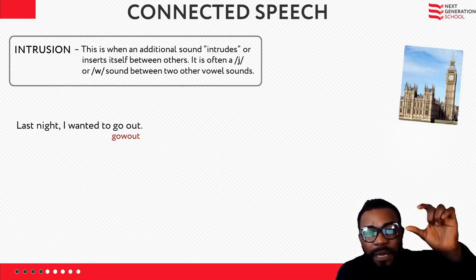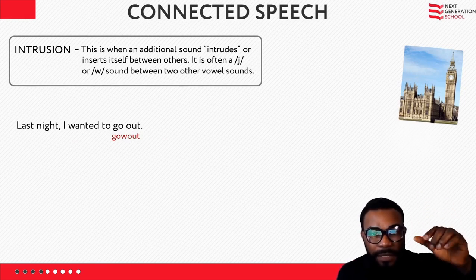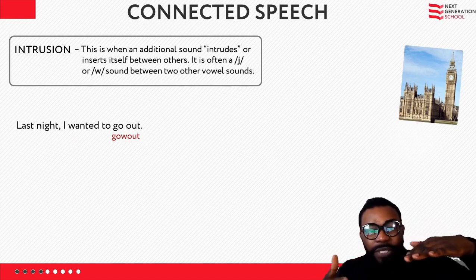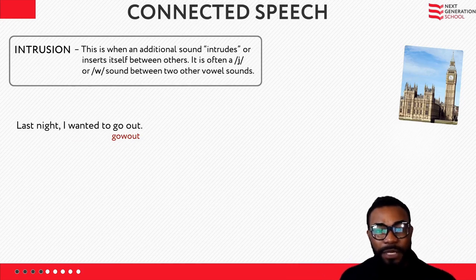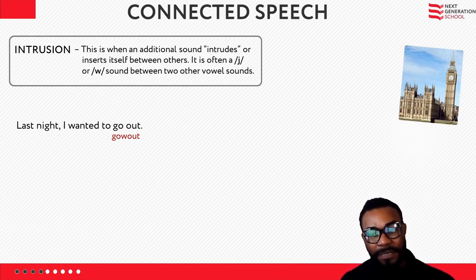So there is a w sound here, intruding between o and ow. That is intrusion. So I hope you're practicing. I wanted to go out.